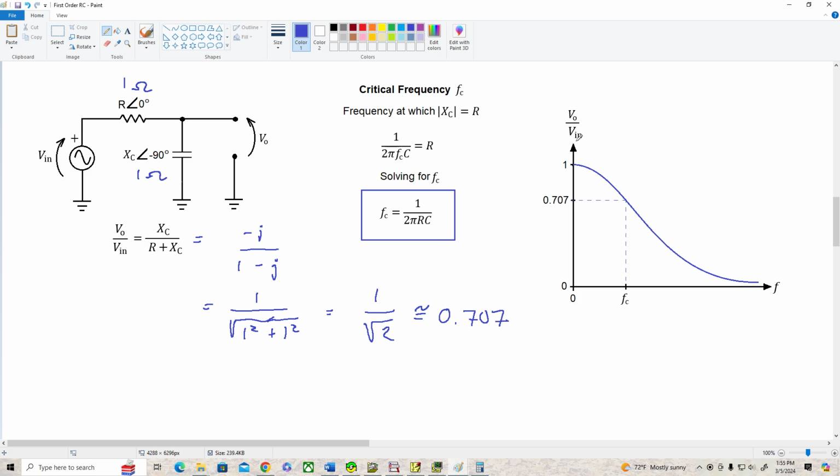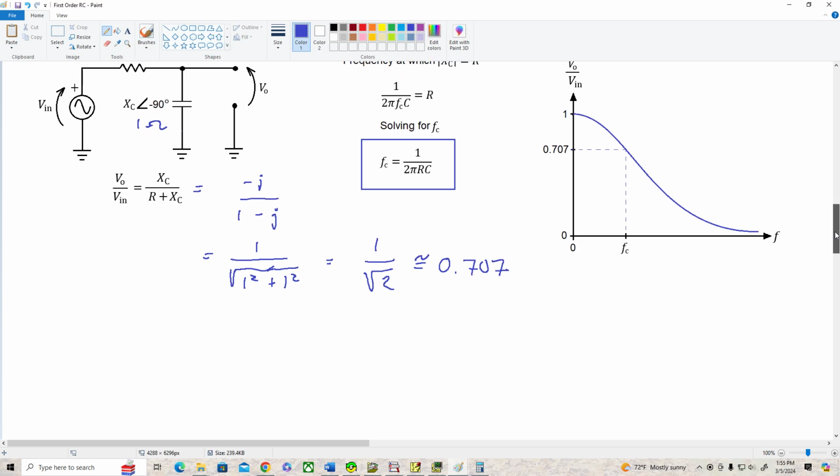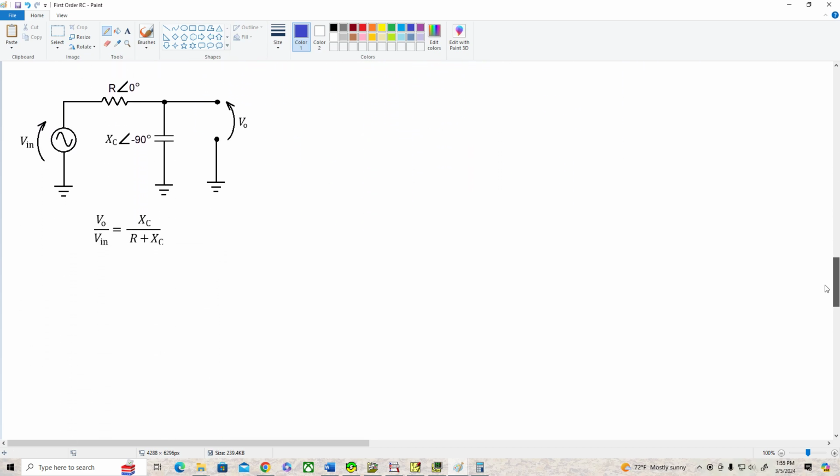All right, let's go down and look at this circuit on a clean sheet. And I'm going to derive an equation that tells me the frequency response of this circuit in terms of R and X sub C. So I'm going to repeat this expression up here, V out over V in.